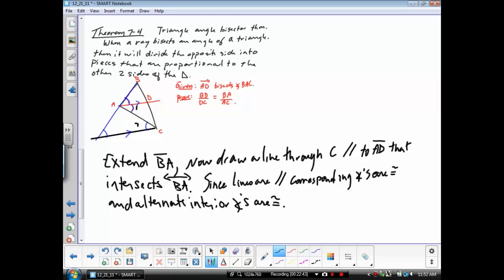Angles 1 and 2 are alternate interior angles. Angles 3 and 4 are corresponding angles. Because angle 3 is congruent to angle 1, by substitution, angle 4 must be congruent to angle 2.